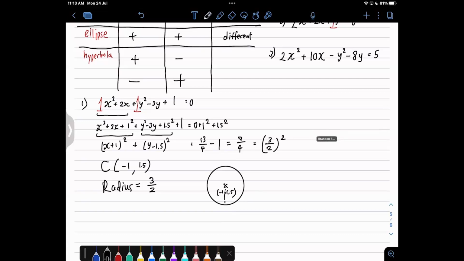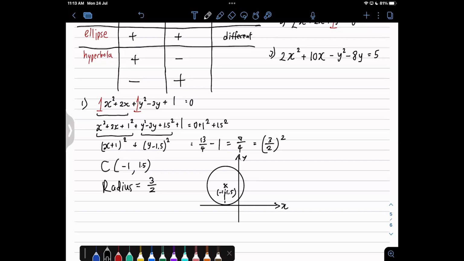1.5. This is -1. 1.5 will hit positive 0.5. So y-axis is somewhere here. Then where's my x-axis? 1.5 radius. So it's somewhere here. Is that correct? Should be, hopefully.